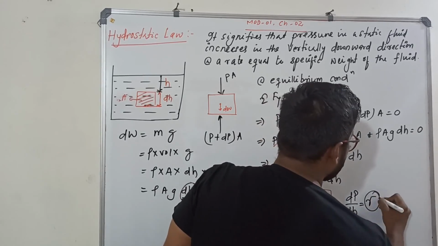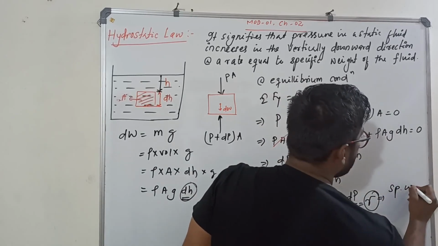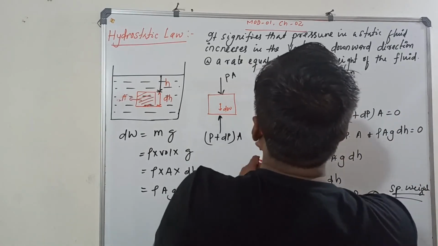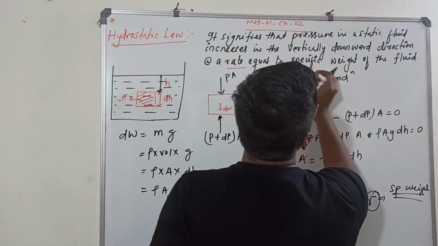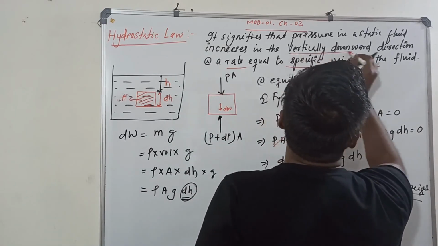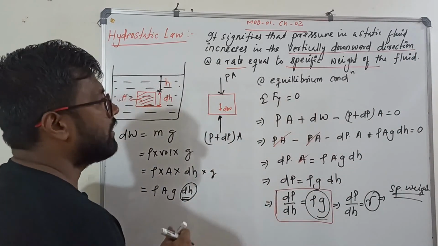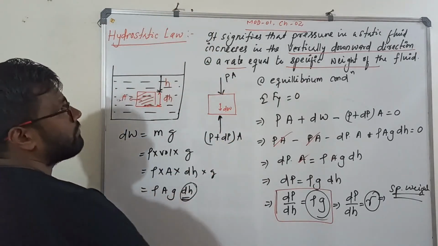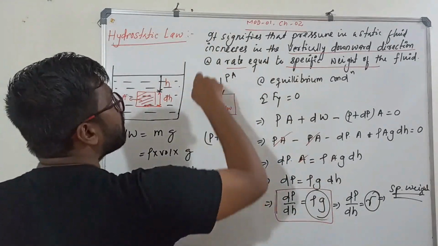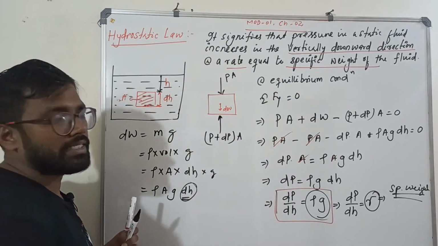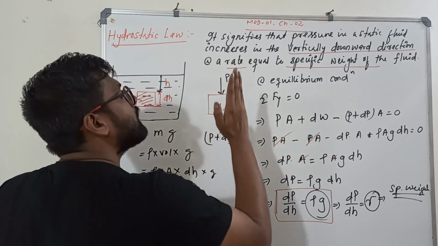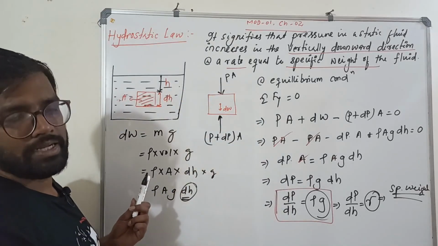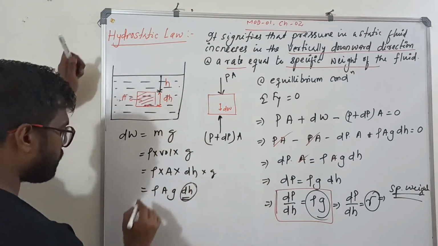Gamma is the specific weight. So if you go vertically down, what happens to the pressure? It increases. What if you go vertically up? It will decrease. Hence there are 2 points here.